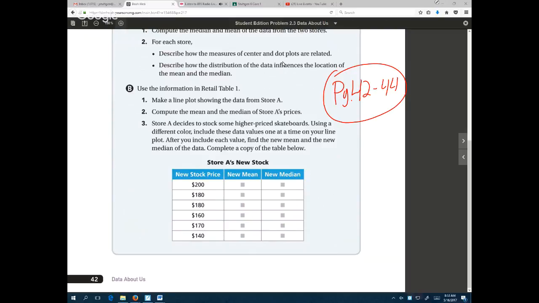So you put all these numbers in order, smallest to biggest. It's a good idea next time to just write them straight down. You don't have to go all the way across the paper.